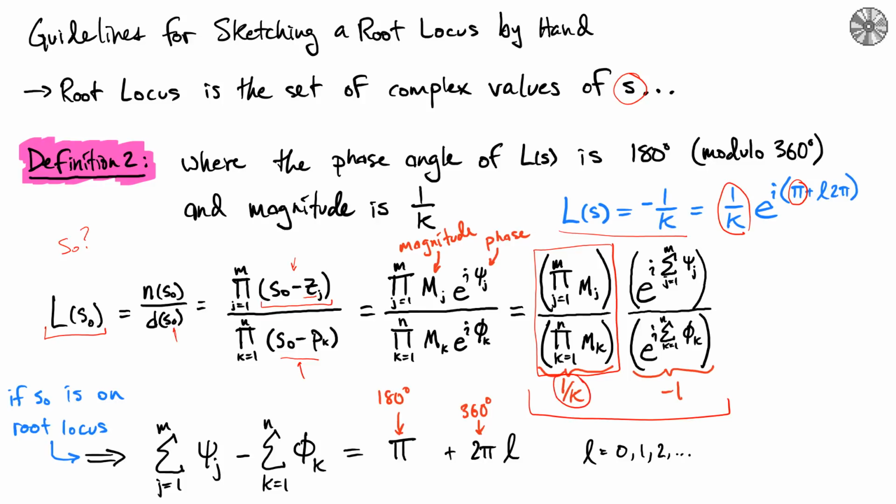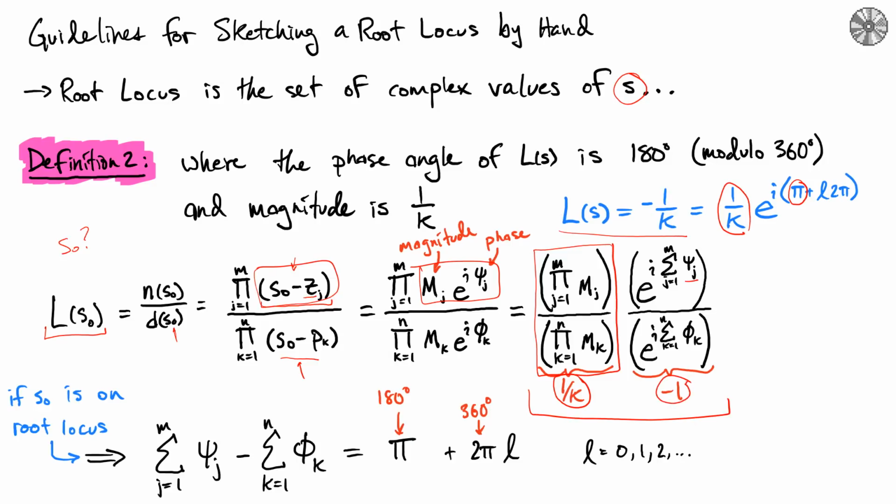More importantly, what we're going to see more frequently is the exponential forms with the sum of phases. When we take the product of each of these terms, that leads to the sum in the exponent of all of these angles, psi j in this case. Once we take the sum over this and the sum over this, and divide, this has to equal -1.